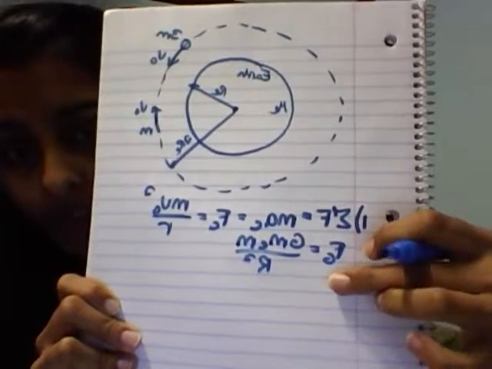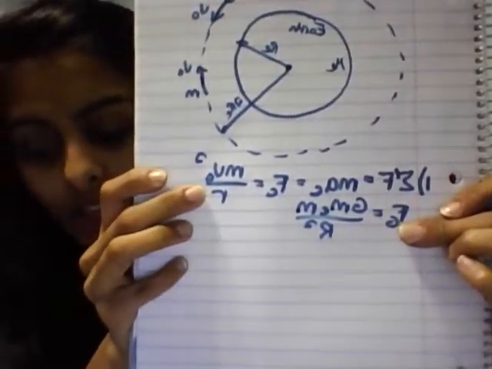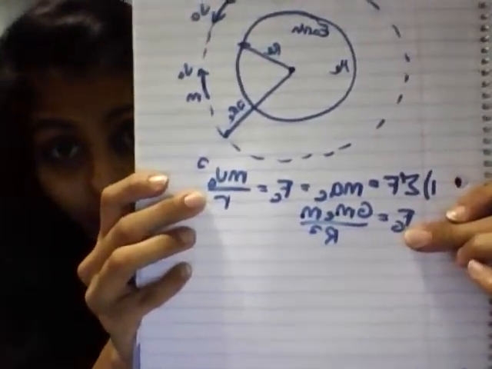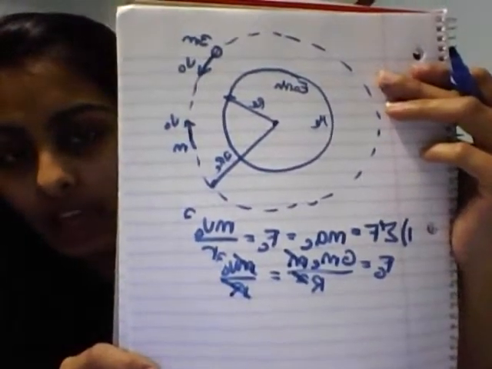So you're going to set the force of gravity equal to the centripetal force, and basically we're just going to solve for v, okay? Alright, so let's set this equal. Alright, so since we have masses on both sides, we can cancel them out, and we have at least one radius in the denominator of both sides, so we can cancel that out. So now when we solve for v, it's basically just algebra.